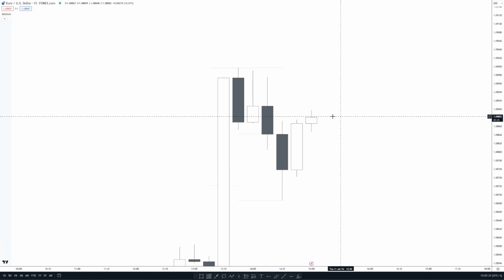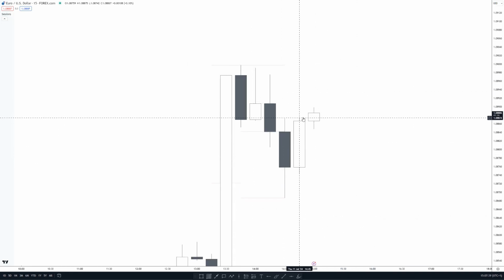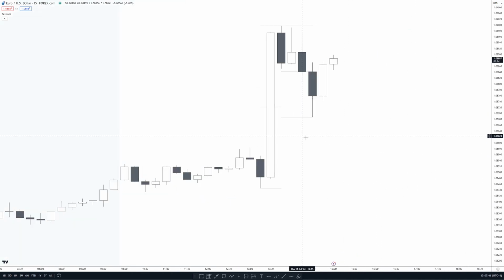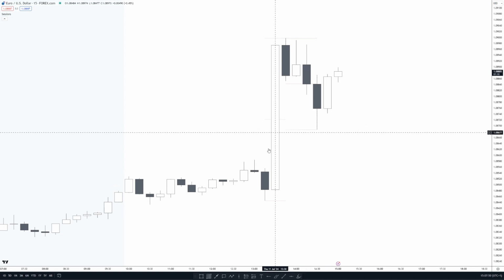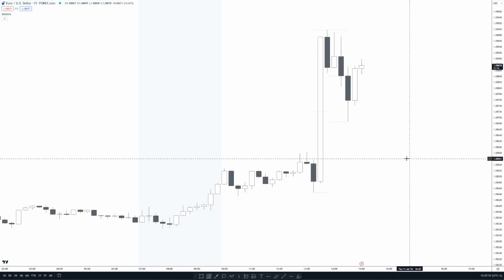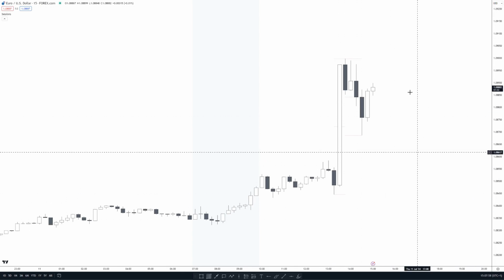But before that happens, I won't look at shorts from this premium right here. I have to wait until we get that cemented low. So I'd have been looking at longs from this discount, which we obviously tapped into. Whether we gave an entry, I don't know, on the 1 minute, which is what I use for my entries. But that's how I'd look at it currently.